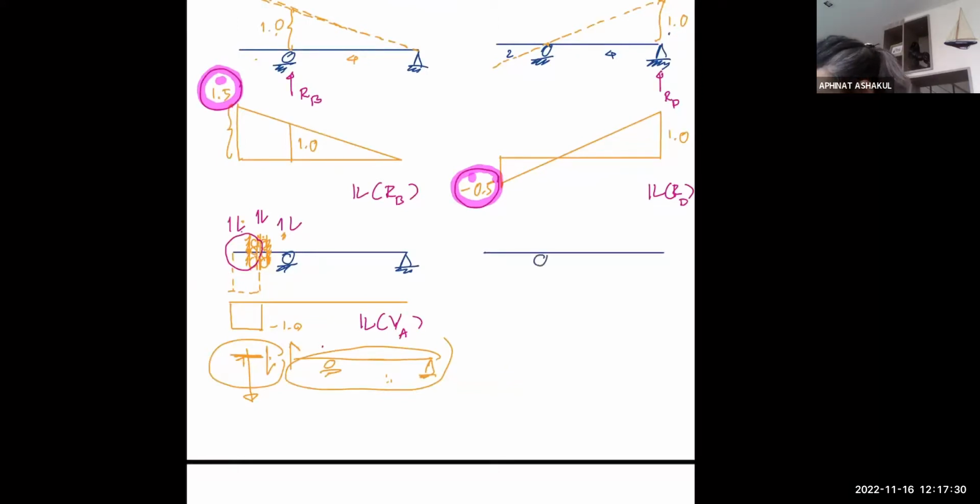Here is the support. Here's this. And now I will have this freedom slightly to the right. Okay, so this shear up and down, so on the left side it goes down, on the right it goes up.